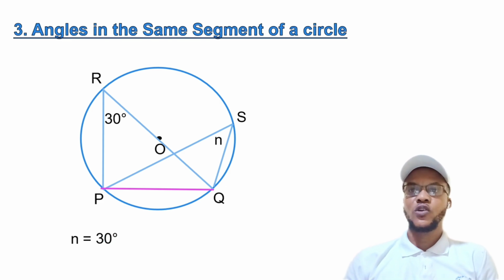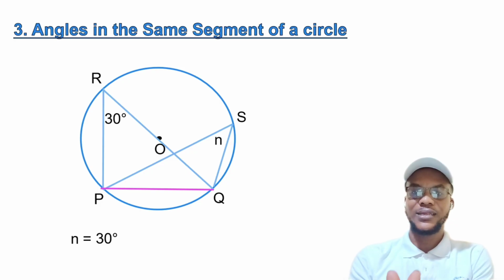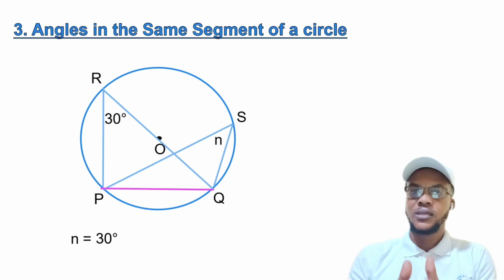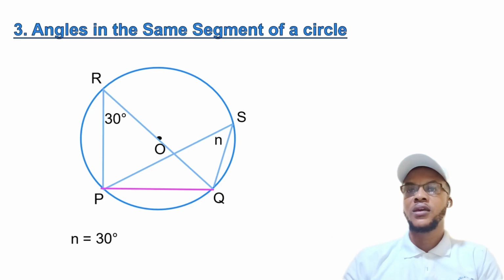Now, what confuses most students is that there are times you will not get the question single like this. We may combine three or even more theorems together, but because I'm teaching, we have to take them one after the other, single by single, and look at each of them. Then when we are done with all the theorems, you get the concept and understand it.